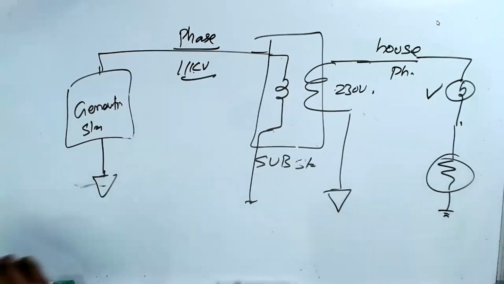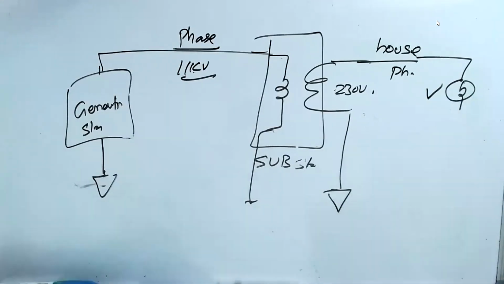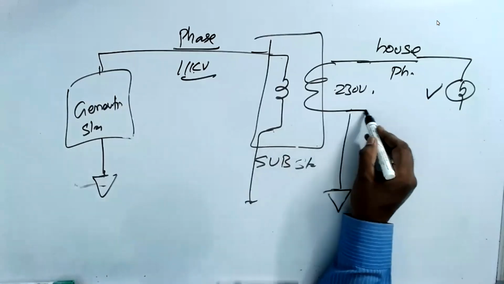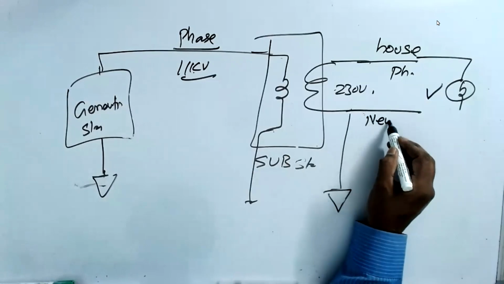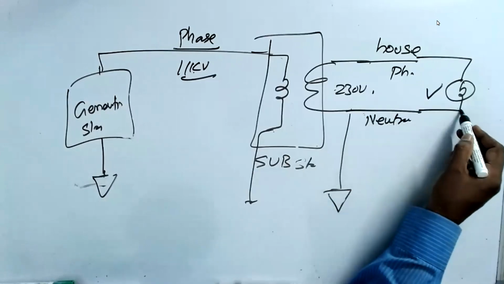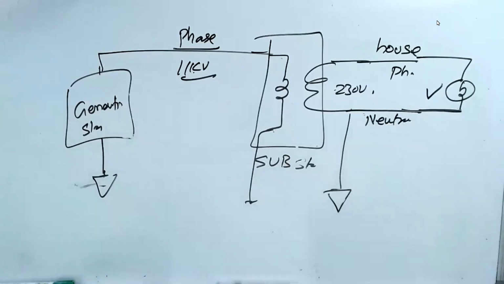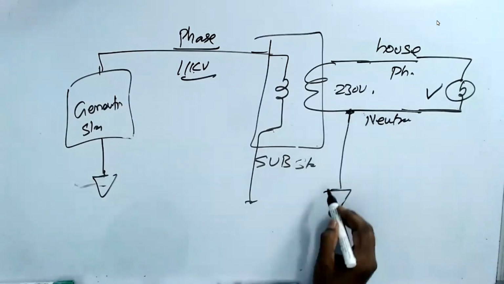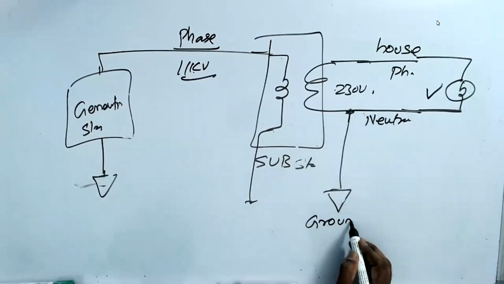For that reason, what the people do, the substation, EB station, they give you a wire called neutral. You do not have to have an earth at your home. You just have a neutral alone. But neutral is nothing but ground at the substation.